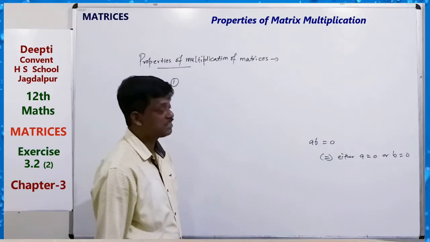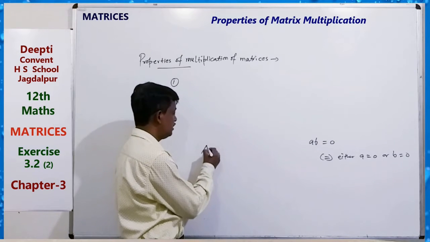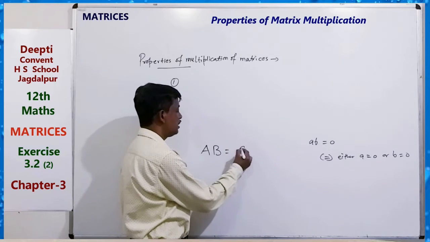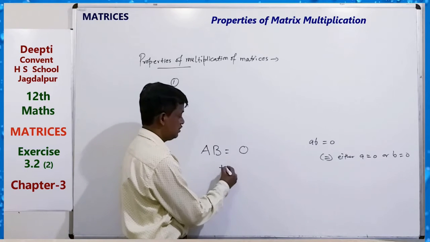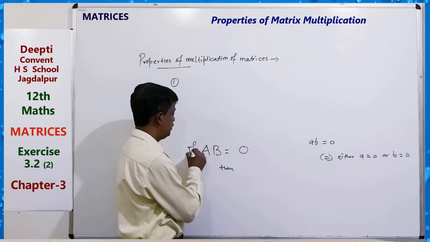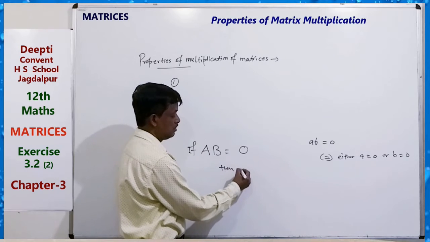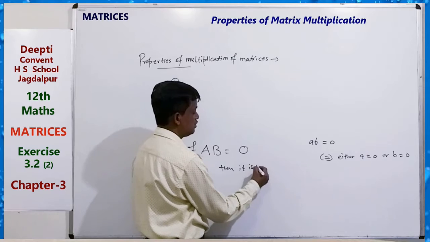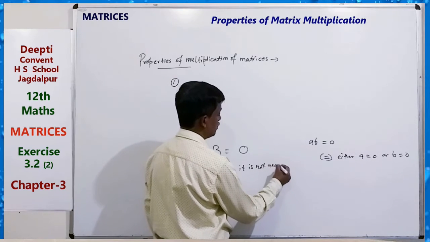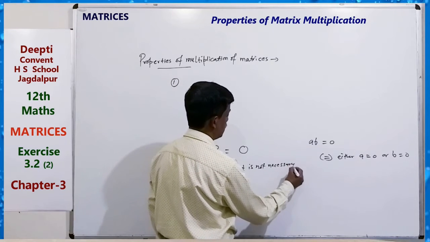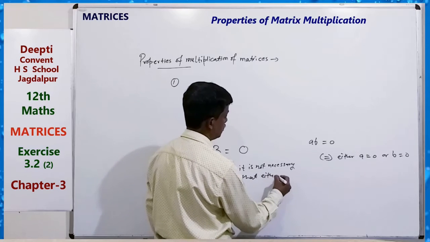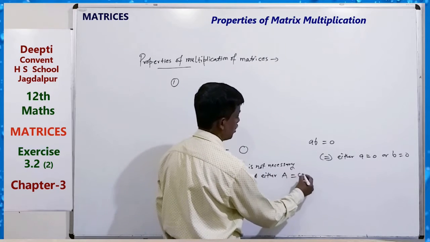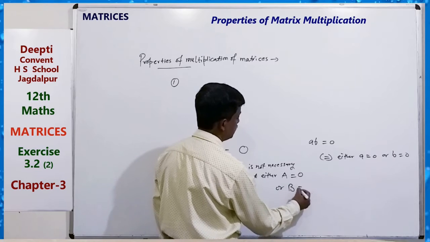But in the matrix case, if AB equals the 0 matrix, then it is not necessary that either A equals 0 or B equals 0.